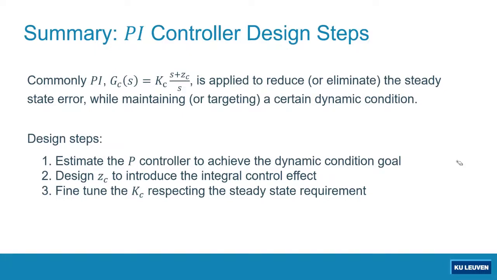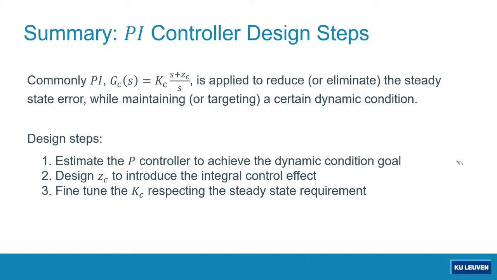What I mean here by dynamic condition is the transient performance. You cannot make a drastic change in the transient performance, but if you want to make a slight change, you can still do it with a PI controller. But the main objective of using a PI controller is to reduce or to eliminate the steady state error.